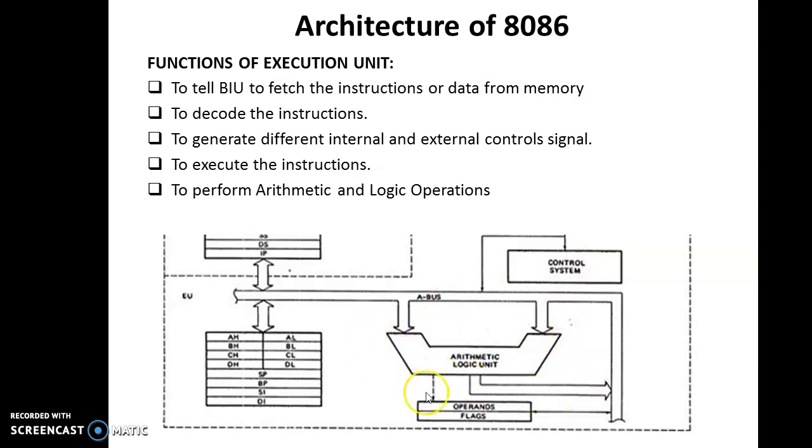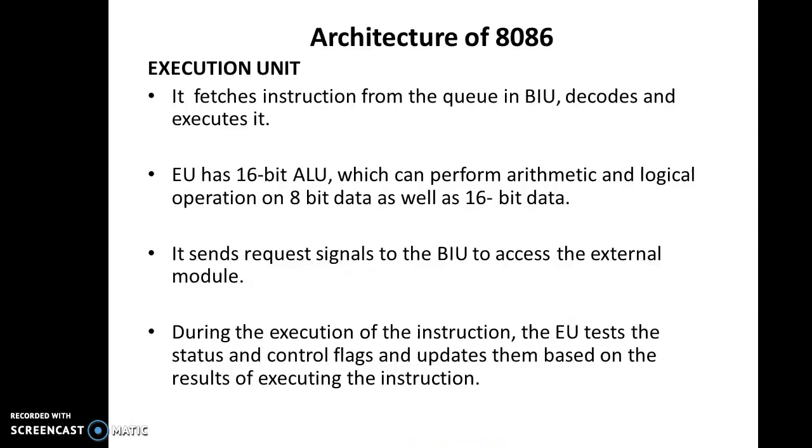Here the ALU performs the arithmetic and logical operations in that instruction. After performing them, the result of the operation is given back to any one of the registers or memory according to the instruction. Then some status conditions are reflected by using the flag register of 8086.